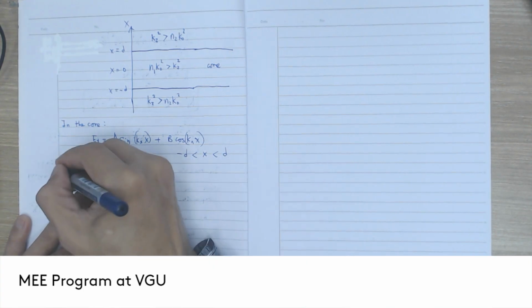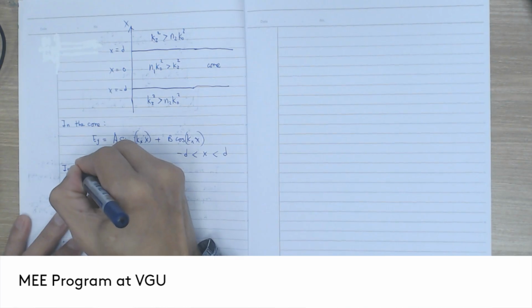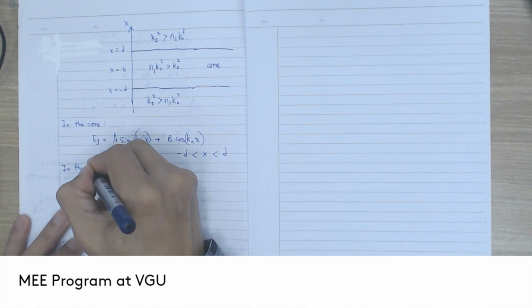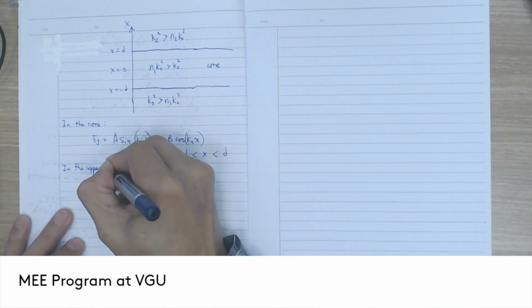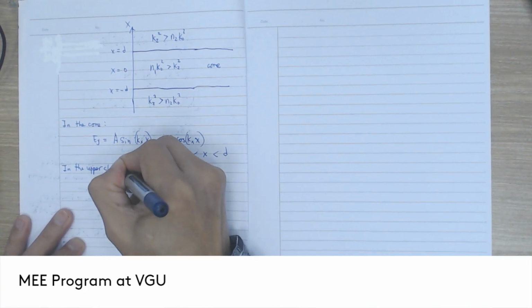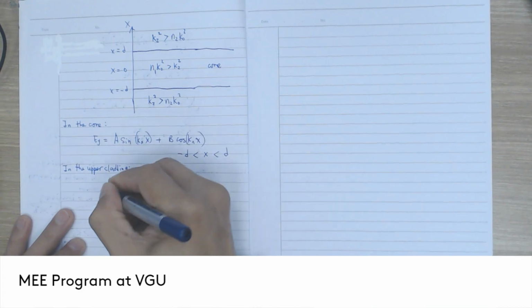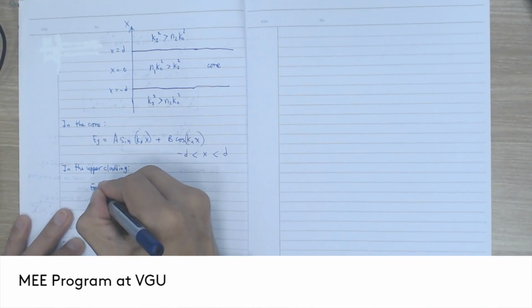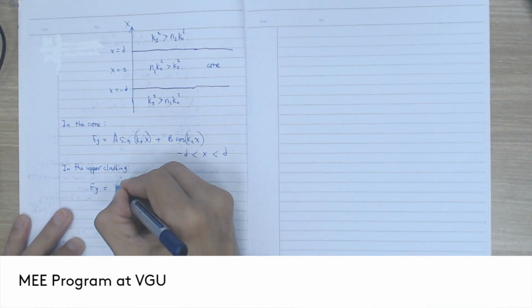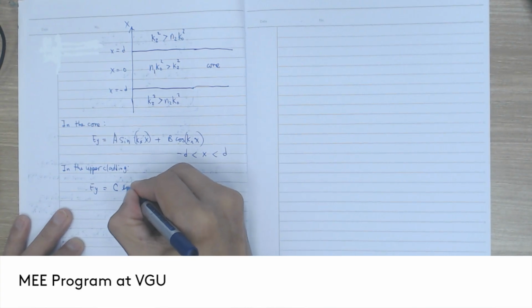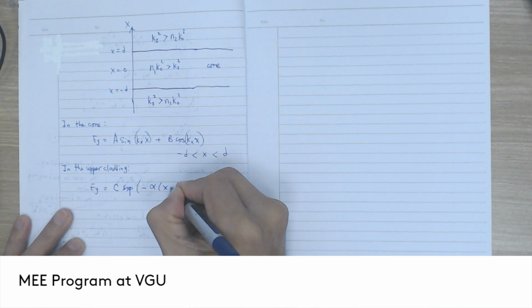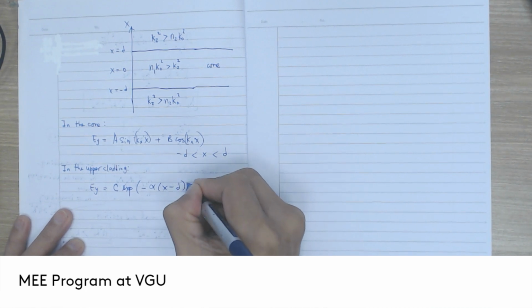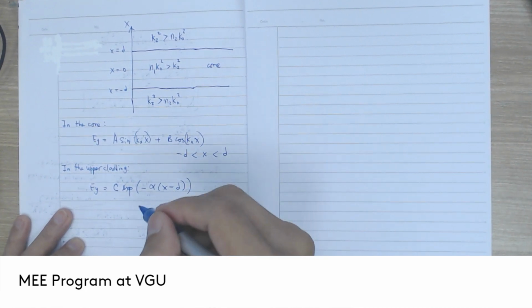But in the upper cladding, you can rewrite the equation as E of y is equal to c e to the minus alpha x. What is alpha?